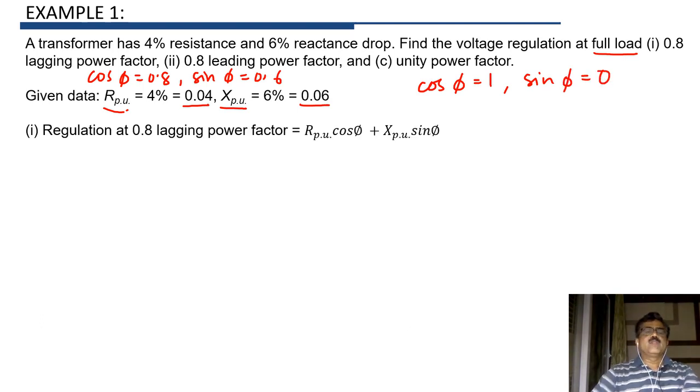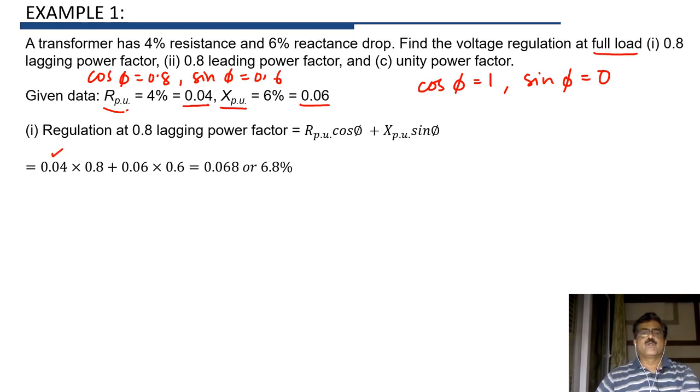Now we can calculate regulation of transformer at 0.8 lagging power factor using RPU cos phi plus XPU sin phi. Substituting the values, that is RPU is 0.04 into cos phi is 0.8, plus XPU is 0.06 into sin phi 0.6. Solving this, the regulation is 0.068 or it is 6.8 in percentage.